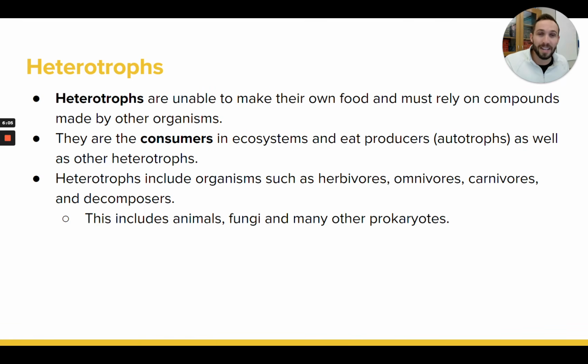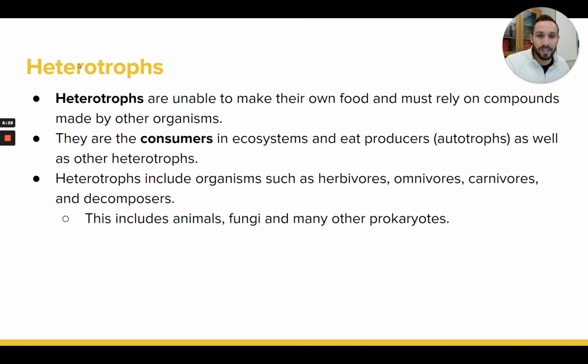That's different than heterotrophs, like I was explaining earlier. Heterotrophs can't do any of that. They cannot build their own organic molecules from scratch. They have to consume other living organisms to get some starting organic molecules to work with. And so we call them consumers, and in ecosystems they are eating producers, autotrophs, and other heterotrophs.